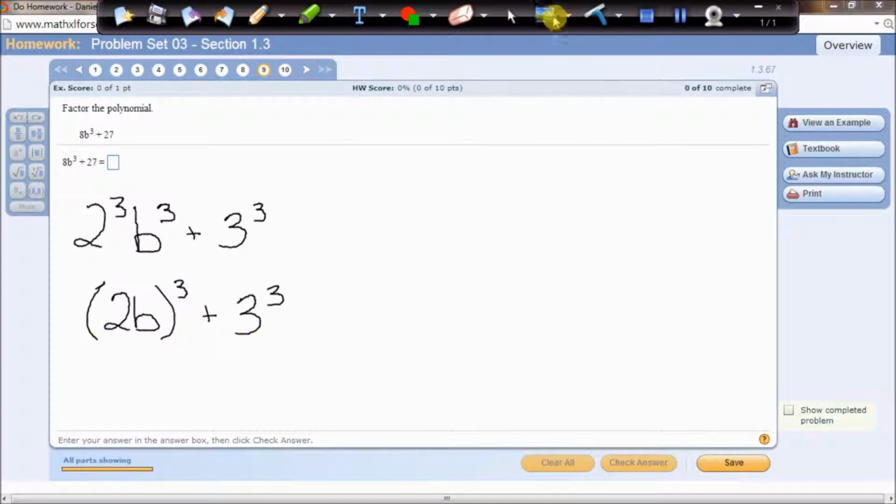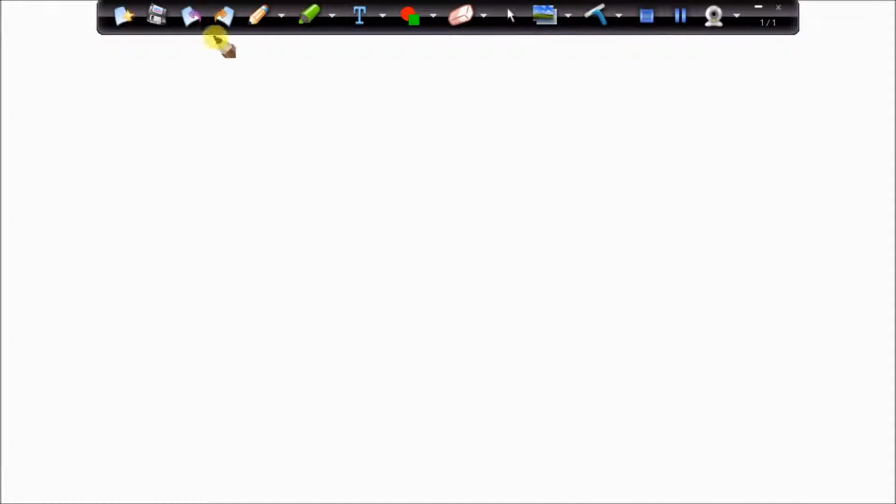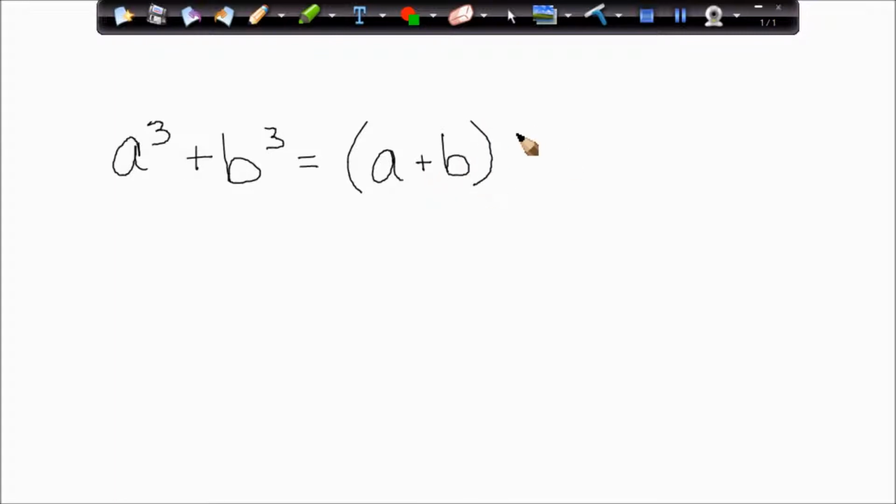Okay, let's go back to our patterns. All right. Oops, they are not there. We had one that said x cubed, but in this case, I'll just keep going with a. A cubed plus b cubed is a plus b times a squared minus ab plus b squared.